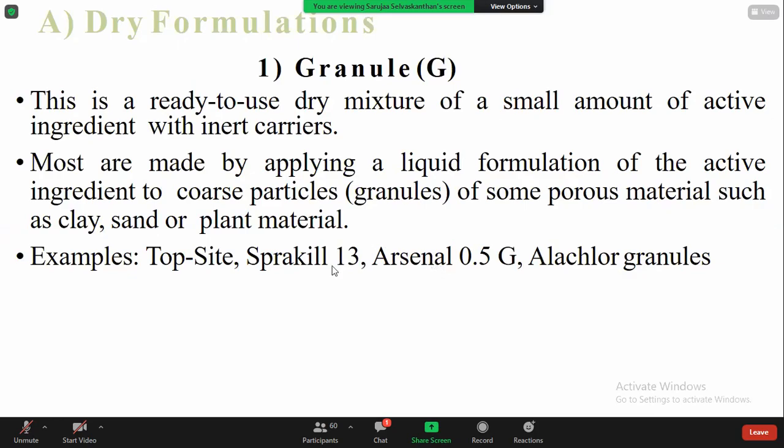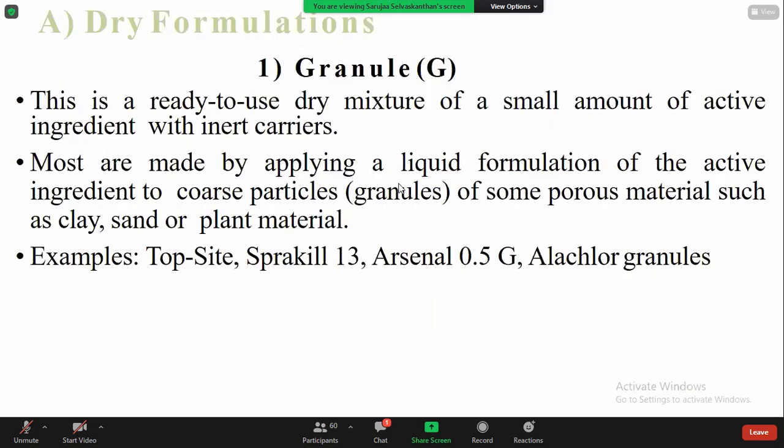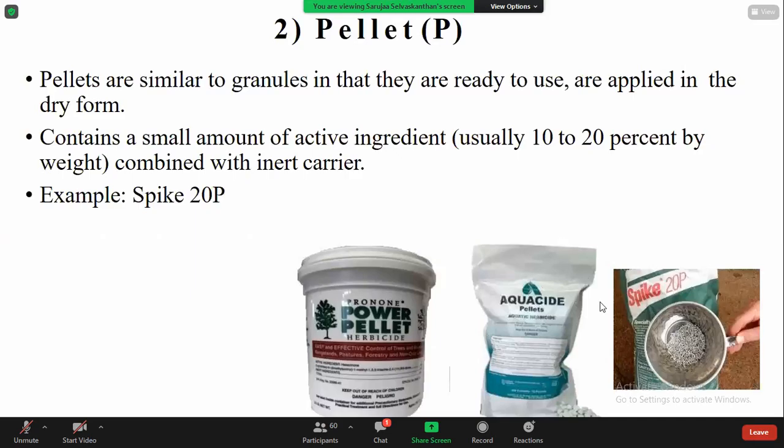Then pellets. Pellets are similar to granules in that they are ready to use, applied in dry form also. They contain a small amount of active ingredient, usually 10 to 20% by weight.